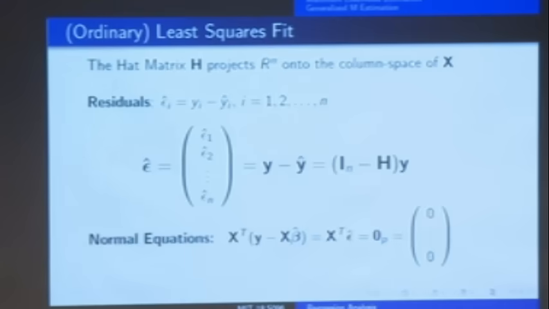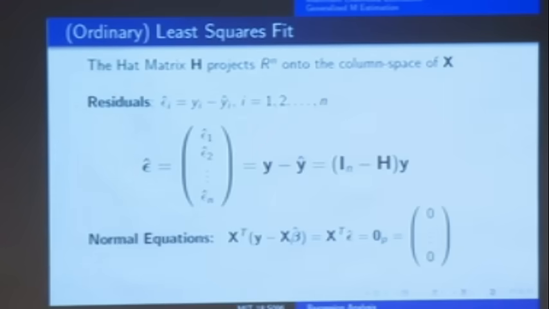And it turns out that I_n minus H is also a projection matrix. It is projecting the data onto the space orthogonal to the column space of x. To show that that's true, if we consider the normal equations, which are x transpose (y minus x beta hat) equaling 0, that is x transpose epsilon hat equals 0.